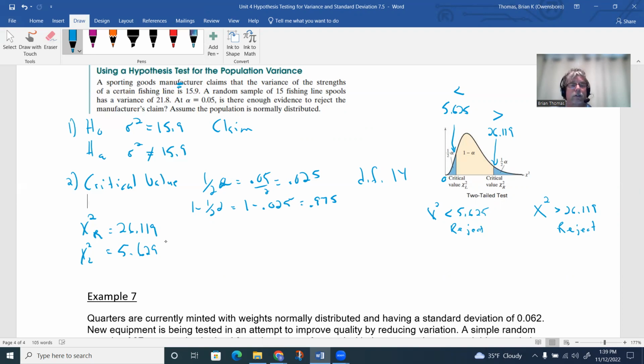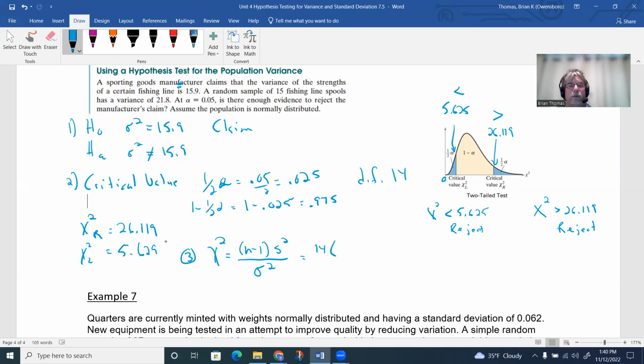Our next thing is we have to find our test statistic, chi-squared, and see where it is. To find chi-squared, we need to know the degrees of freedom, and on the top, we have the sample variance divided by the hypothesis variance. Our degrees of freedom was 14.